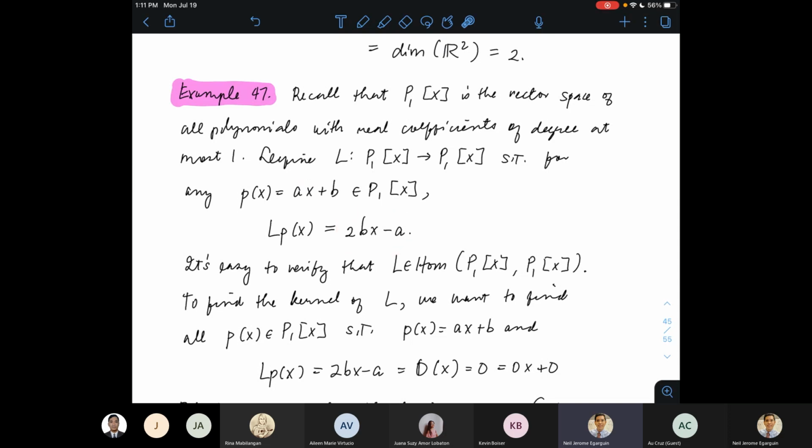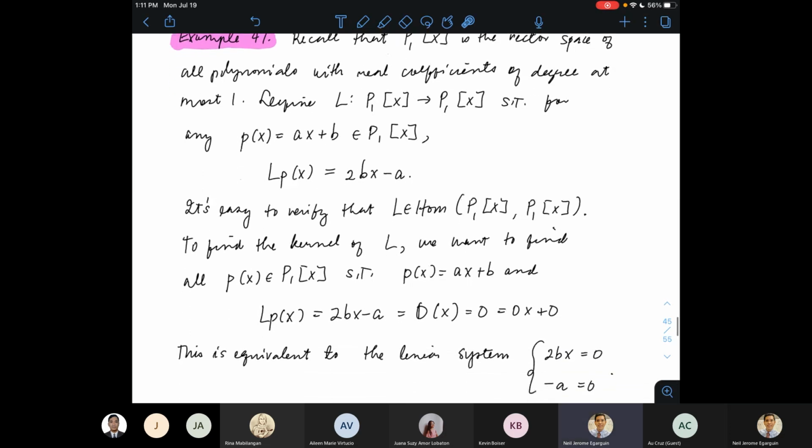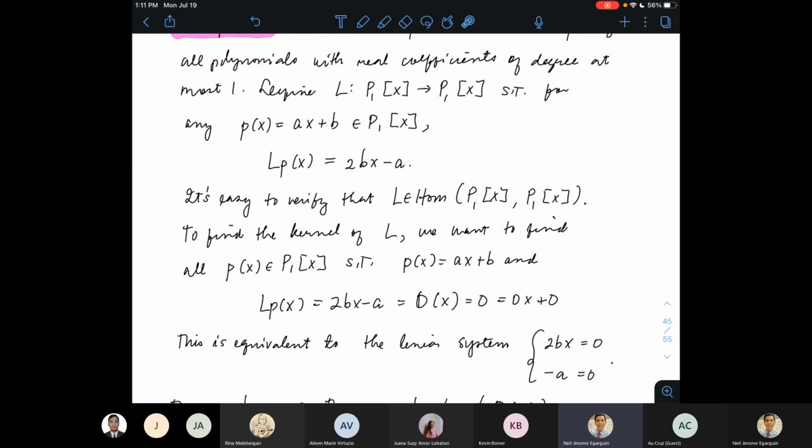Again, it would be a nice exercise to check that L is indeed a linear transformation on the given vector space. And then if we want to get the kernel of L, kailangan nating mahanap lahat ng polynomial whose image under L is the 0 vector. But remember, ang itsura ng lahat ng polynomials in P1 bracket X ay ax plus b, right?